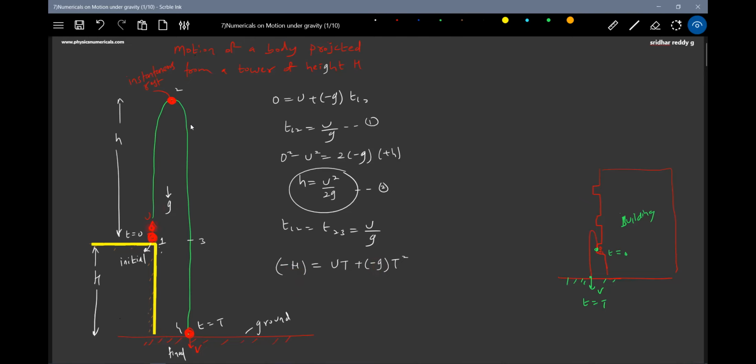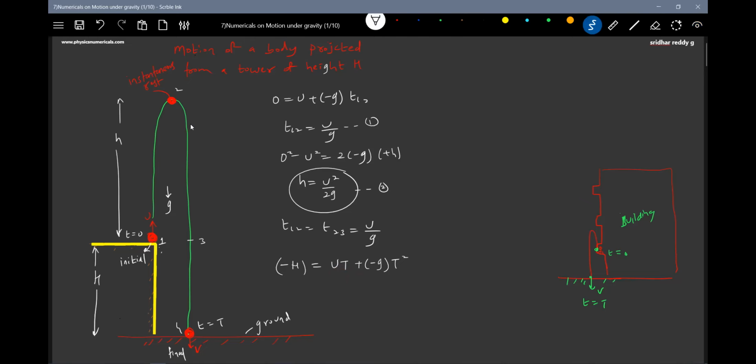It is directed opposite to the initial velocity, therefore it is a negative sign, not based on the motion. It is not that it is moving opposite to g here and afterwards moves in the direction of g, so why not write plus or minus? No, not like that. In the equations of motion, the sign for velocity, acceleration and displacement is based on the initial velocity. If they are directed opposite to the initial velocity, negative. If they are directed in the direction of the initial velocity, positive.